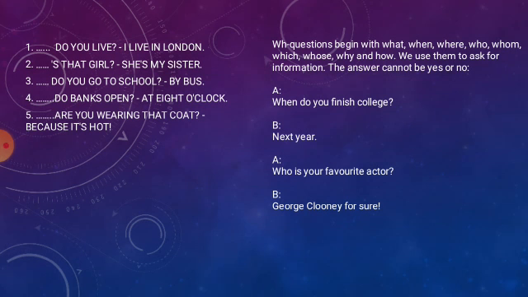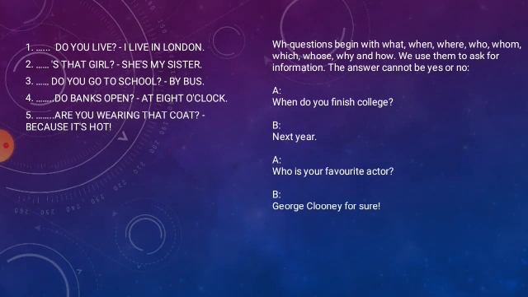We use them to ask for information. So the answer cannot be yes or no. Do you understand? So what will be the answer? For example, when do you finish college? You can't say yes or no. You have to give them the time. I finish my college next year, or next year I finish my college.